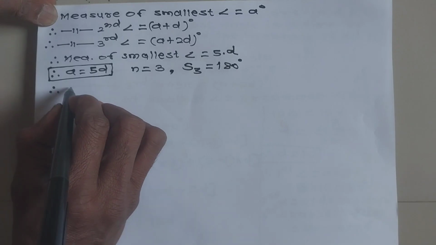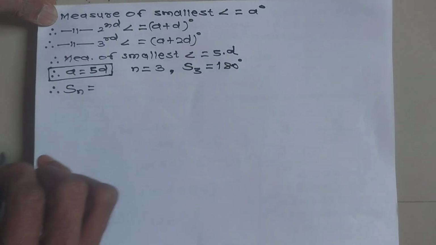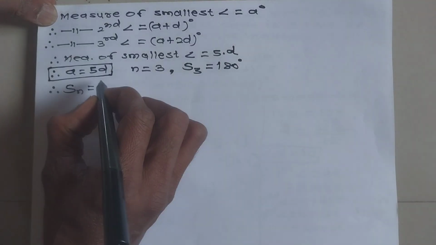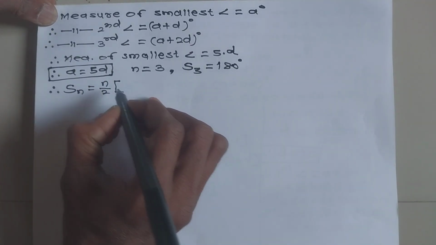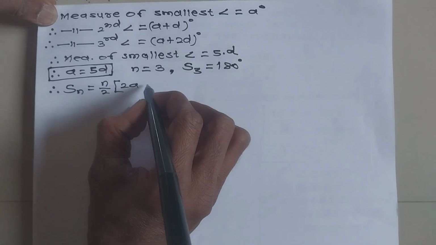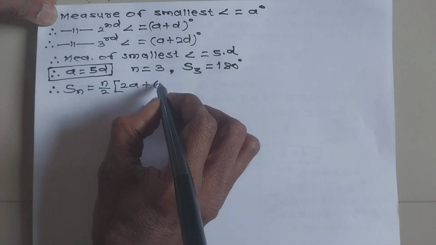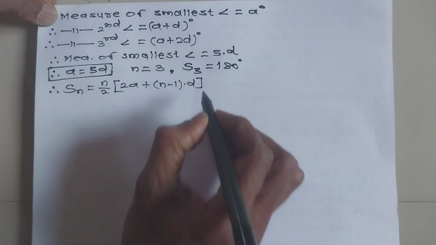Therefore, by using the formula for the sum, Sn is equal to n upon 2 bracket 2a plus n minus 1 into d.